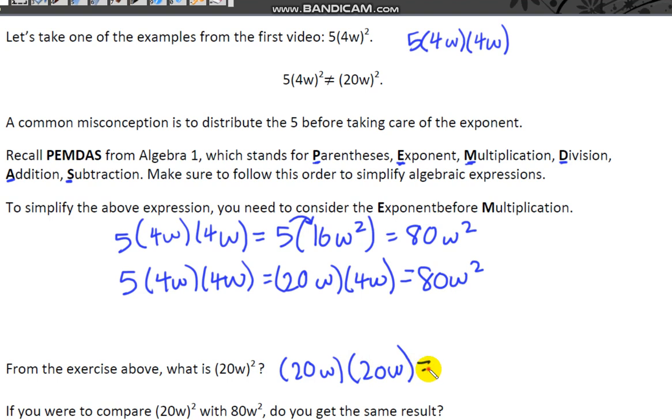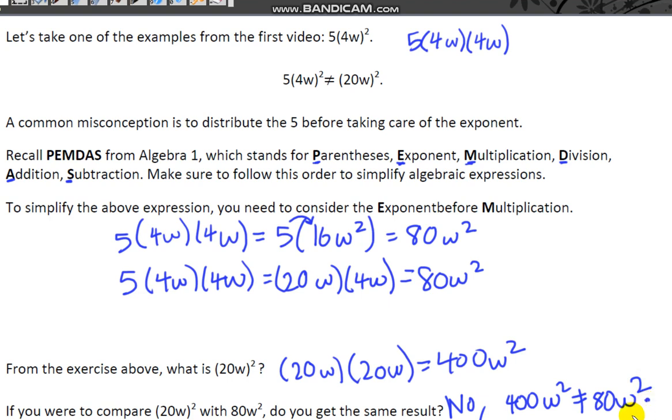Okay, so 20 times 20 is 400. W times w is w squared. So now if we were to take this result earlier, if we were to compare 400w squared, or 20w squared, with 80w squared, do you get the same result? And the answer is no, because 400w squared is not the same as 80w squared.